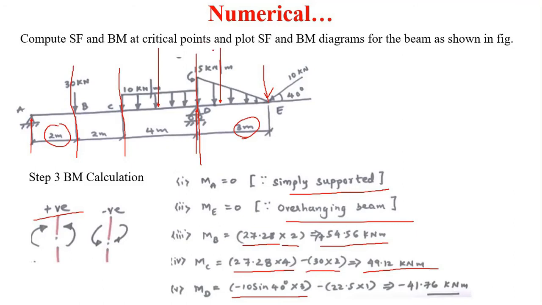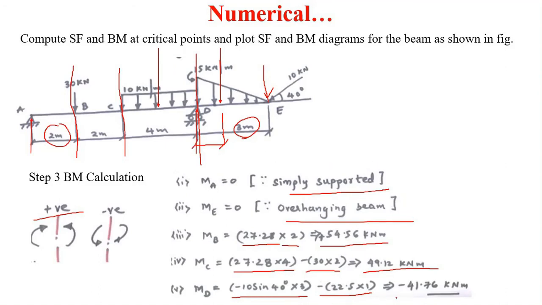Then again this 22.5 kilonewton load, so it is minus. So minus of 22.5 into this 1, that means the distance from D to this load, so it will be 1 meter.